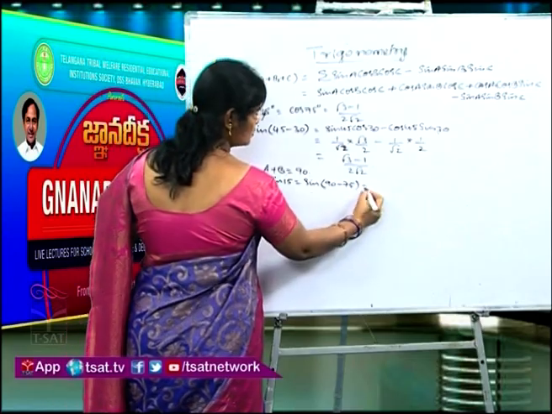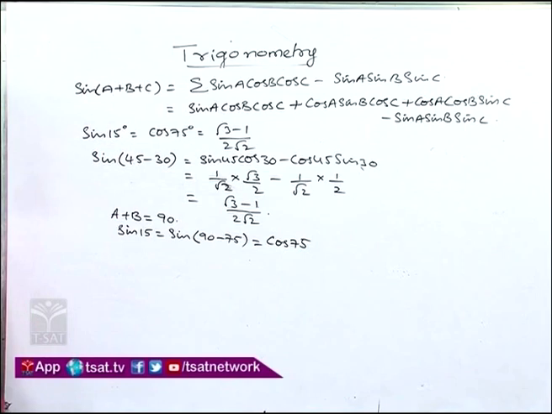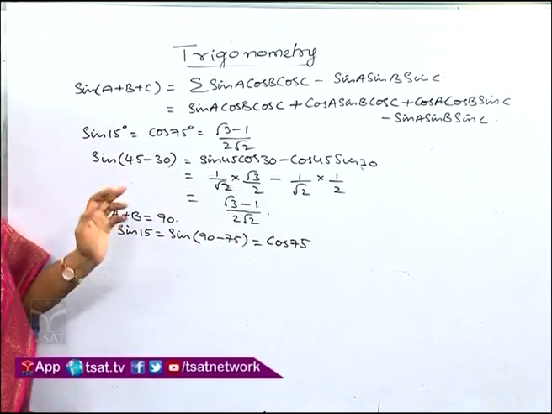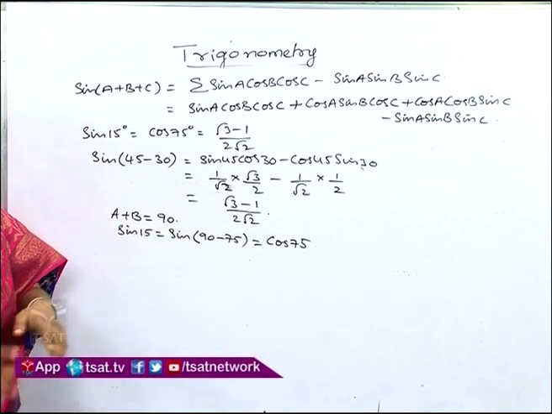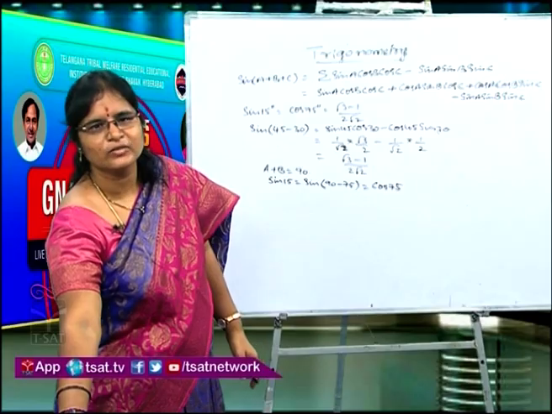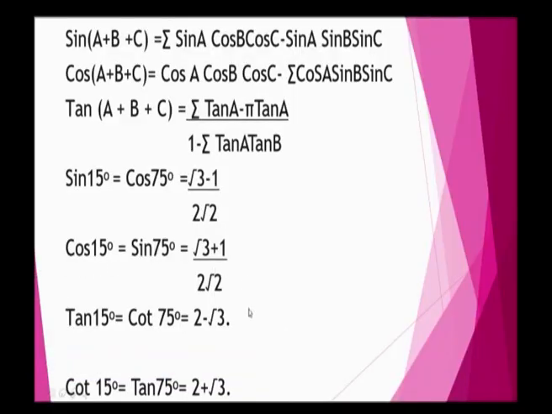Yes. So, sin of 90 minus theta is cos theta. That is why sin 15 will be equal to cos 75 and sin 75 will be equal to cos 15. So, if you observe the values, children, cos 15 equals sin 75 equals root 3 plus 1 by 2 root 2. Tan 15 is again nothing but sin 15 by cos 15.